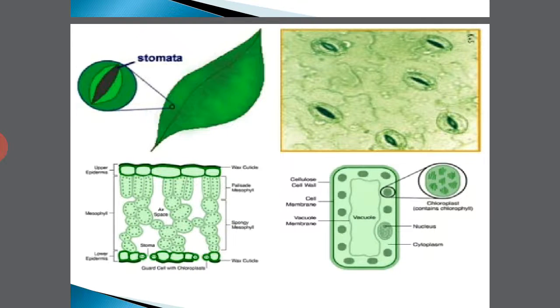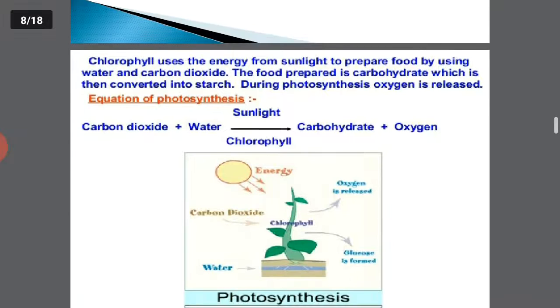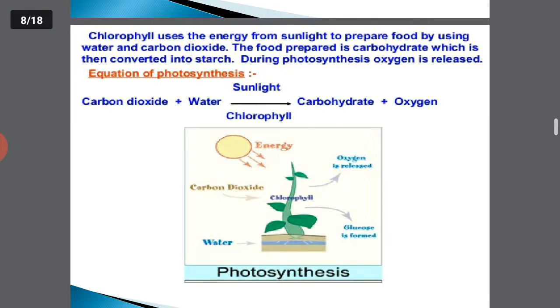It will absorb carbon dioxide from the atmosphere as well as sunlight from the sun. Chlorophyll uses energy from sunlight to prepare the food by using water and carbon dioxide. The food prepared is carbohydrate, which is then converted into starch during photosynthesis.